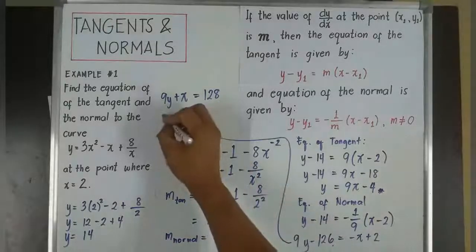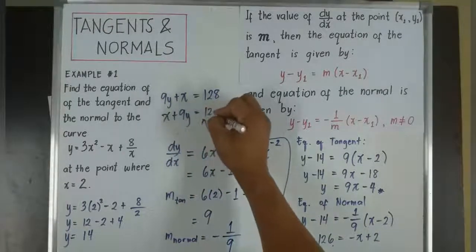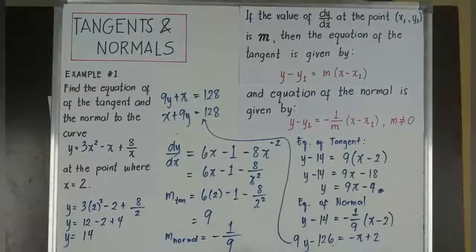So it will be x plus 9y is equal to 128. It can also be written in the form y is equal to mx plus c. So you can convert this equation to that form, by the way.